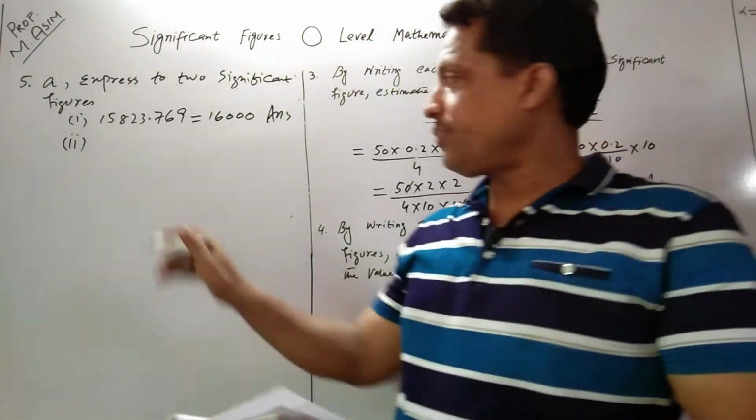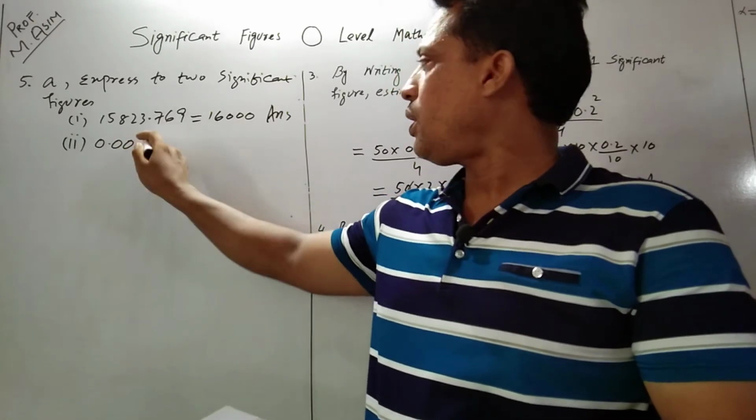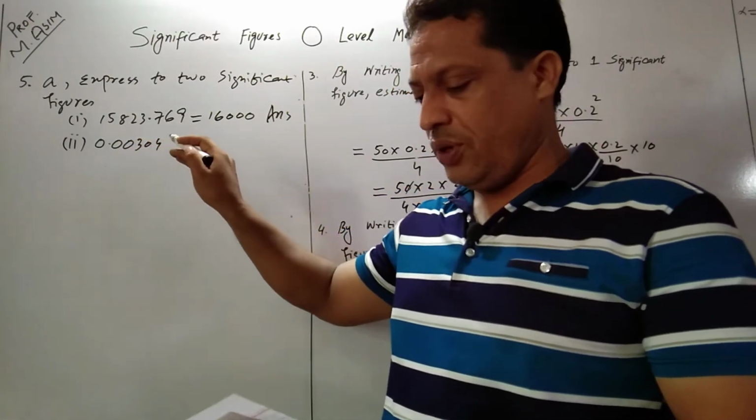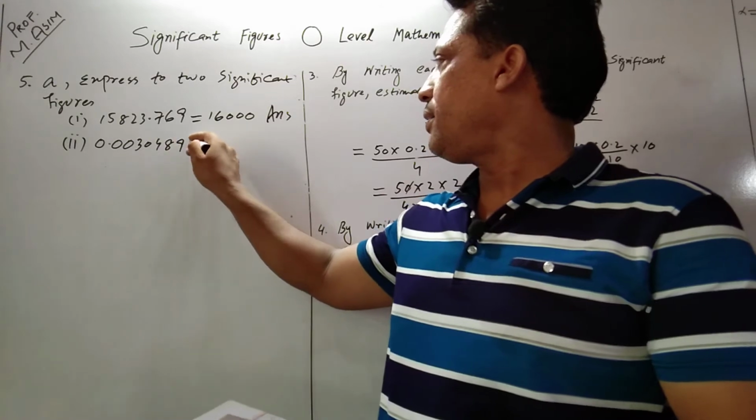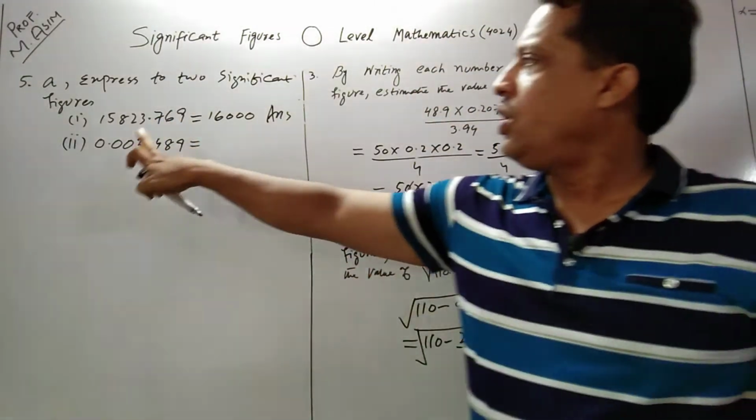See part 2. Part 2 is 0.0030489, which is very closest to 0.0030.